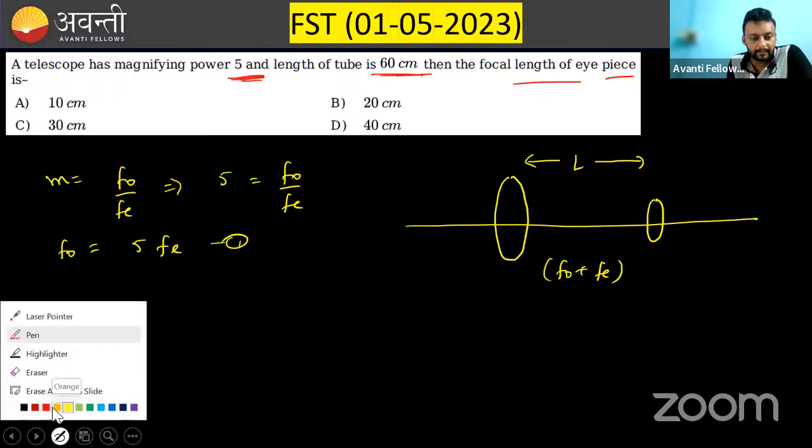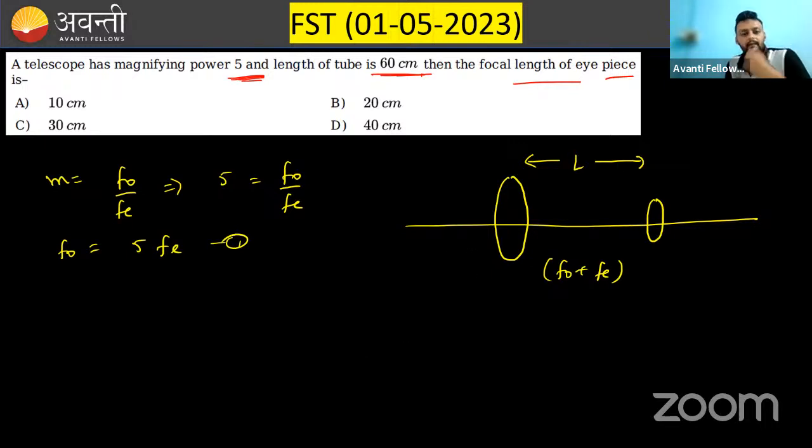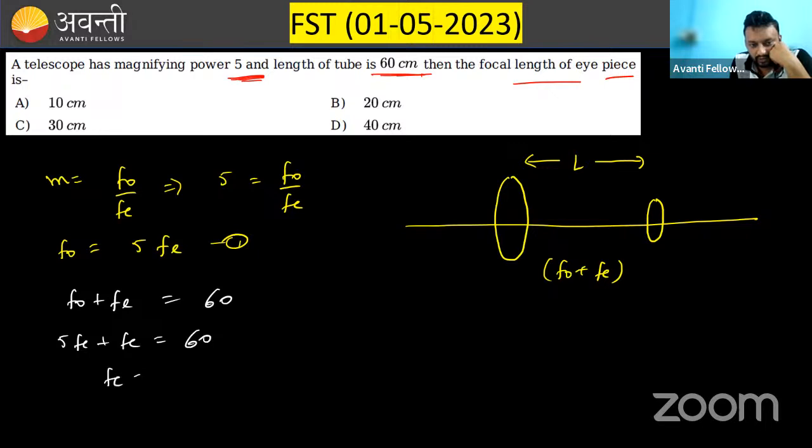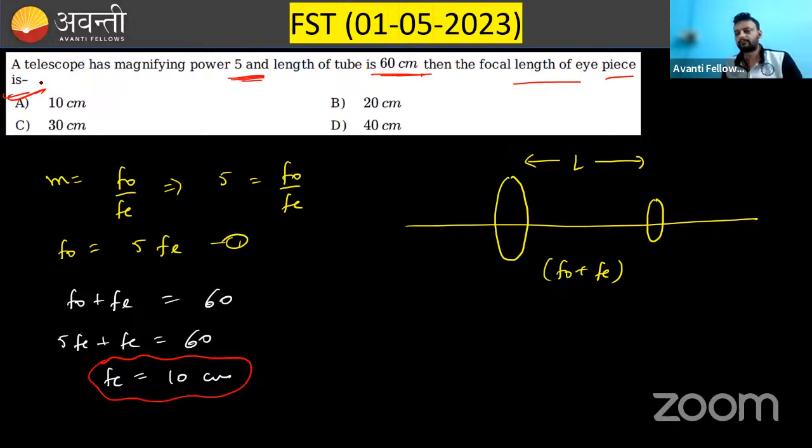Now it is also given that the length of the tube, FO plus FE, is equal to 60. So placing FO here, 5 FE plus FE is equal to 60. So FE is 10 centimeters. This is the easiest question. FE is 10 centimeters. Clear?